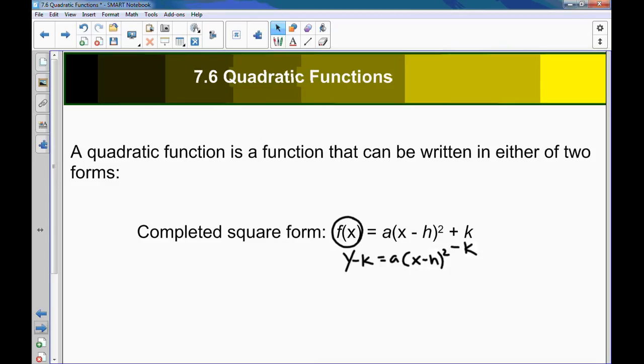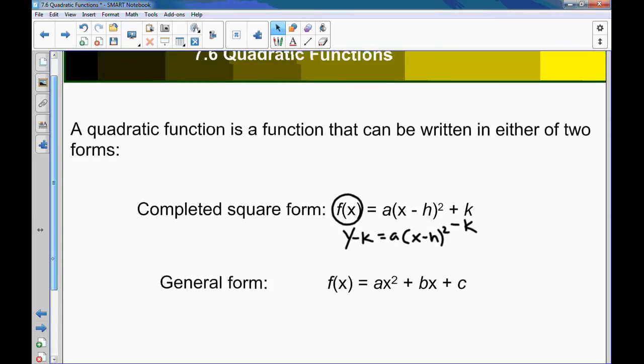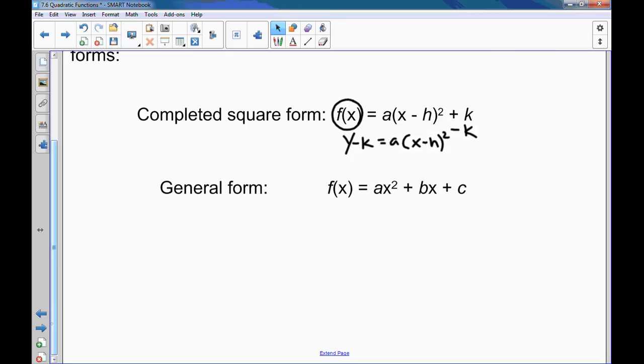However, being great math students that you guys are, we have to be prepared for us not getting that cookie cutter sweet equation. And so we're going to have this general form of f of x equals ax squared plus bx plus c. Now, some of you sharp individuals may recognize this as the quadratic equation, right?